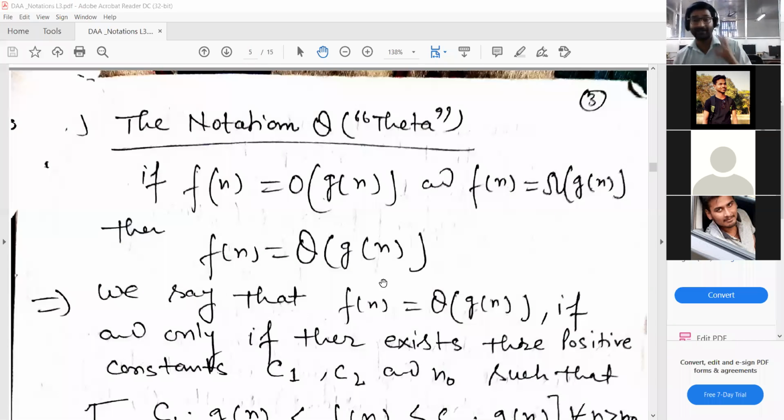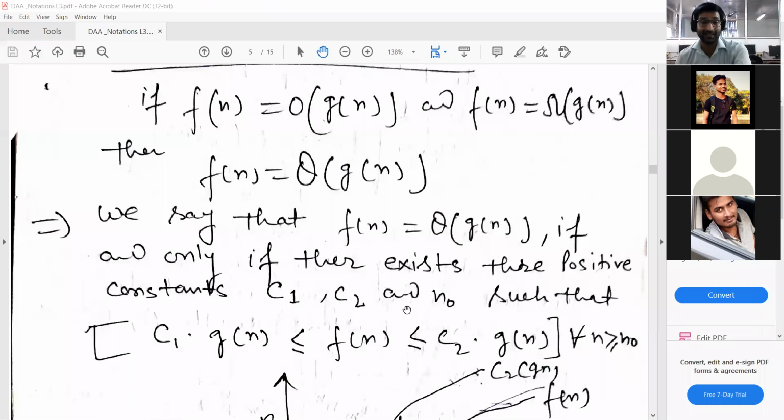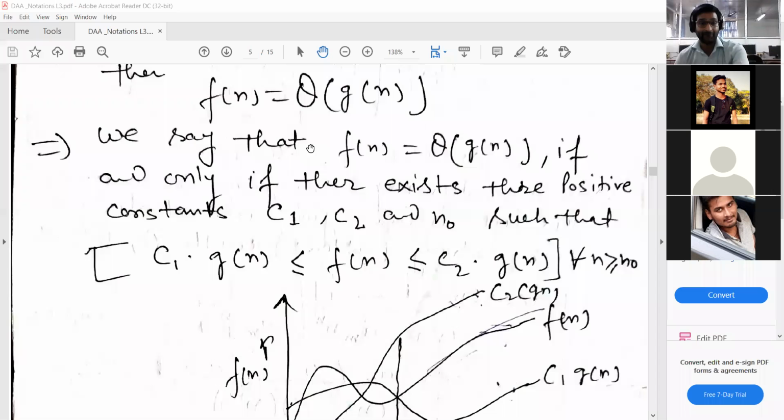Okay, तो वो कैसे प्रूव होगा? दोनों इनइक्वालिटी को अब मिला लीजिए. अब दोनों इनइक्वालिटी को मिलाइएगा तो बोलिएगा that Fn is big theta of Gn if and only if this following inequality exists, that is Fn is greater than or equal to C1 times Gn, दोनों को मिला लीजिए, and less than or equal to C2 times Gn.